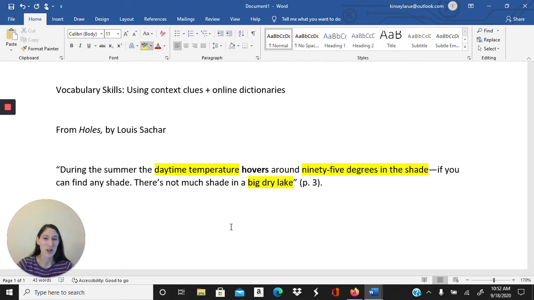But then thinking about hovers, what are we talking about here? We're not talking about a ship floating, right? But if I can kind of see in my mind from this picture, I'm thinking I see a thermometer, right? And I'm starting to see the temperature on like an old type of thermometer, and it's kind of right around that 95-degree mark, right?